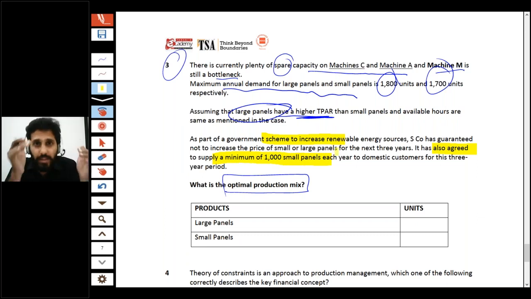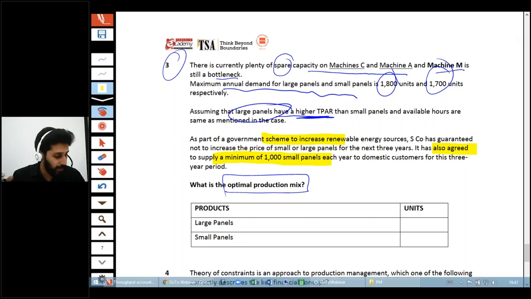That's a contract with the government. Whatever the profitability ranking says, obviously you should give top priority to the large panel since it is more profitable, but whenever there is a contract, you should follow your contract, right?